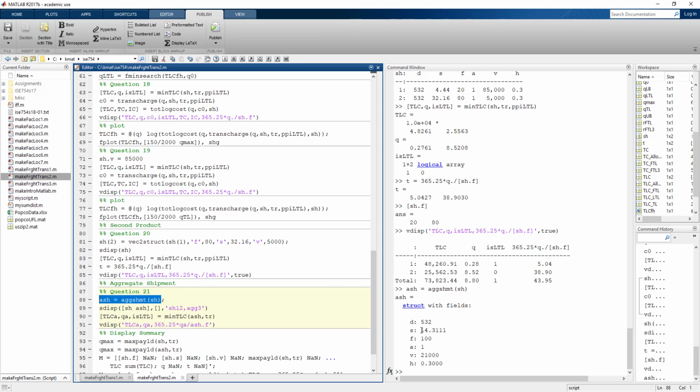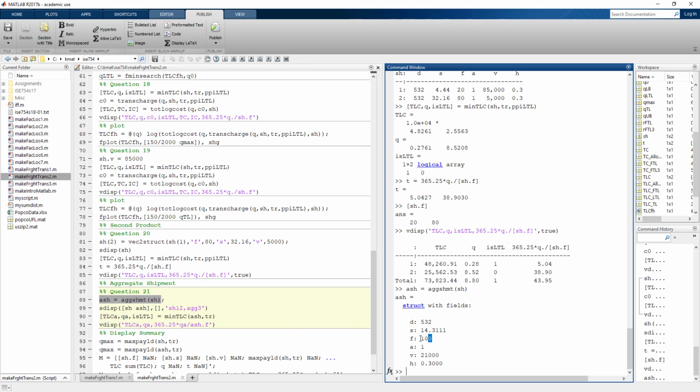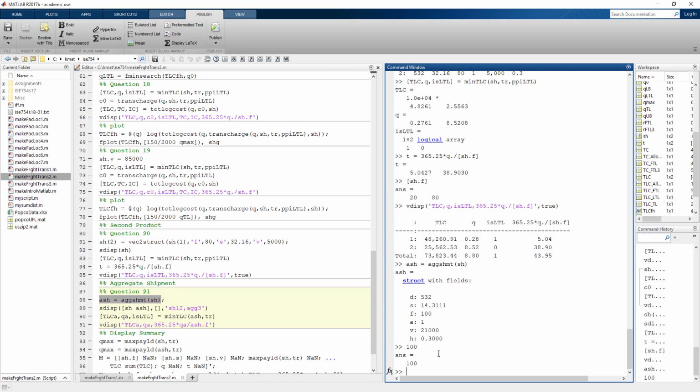So now I have 14.3, which is the aggregate density. I get the sum of the 20 and 80 demands in tons. Alpha just passes through. For the value, I get a weighted average, weighted based on the demands, and then H passes through.